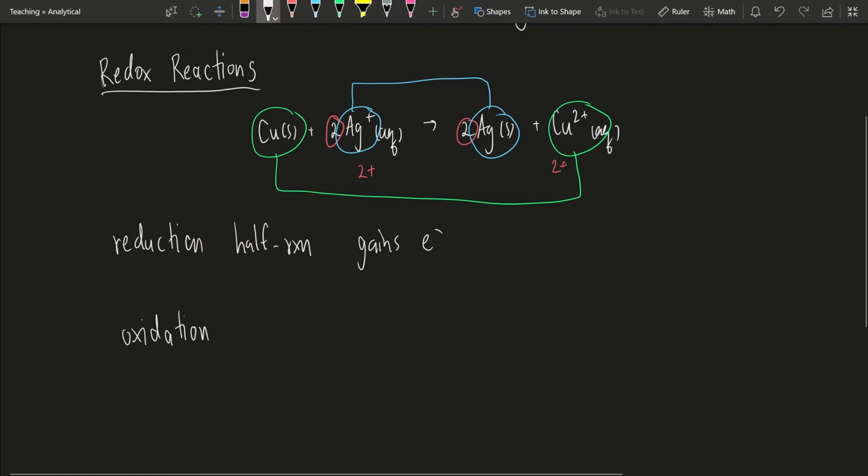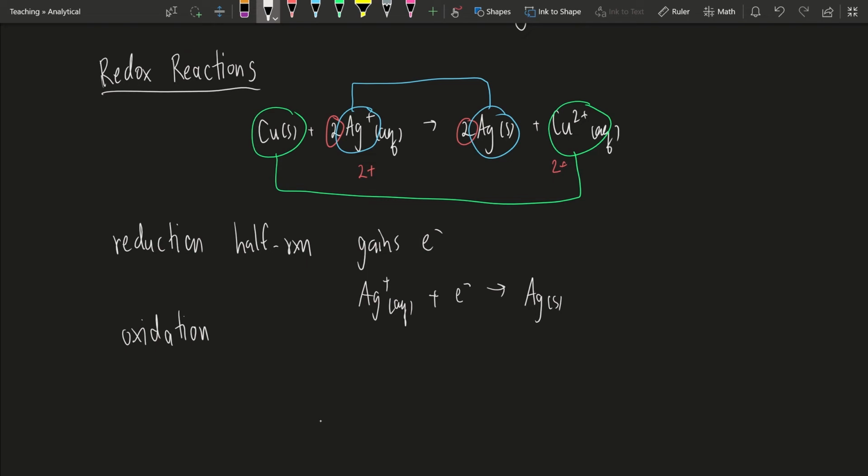So we start with silver ion, and we get silver neutral as the product. So the charge changes from 1 plus to 0, which means that the silver ion receives 1 electron. So we're going to write it here. This indicates that the silver ion gains the electron. So that's why this is the reduction half reaction.